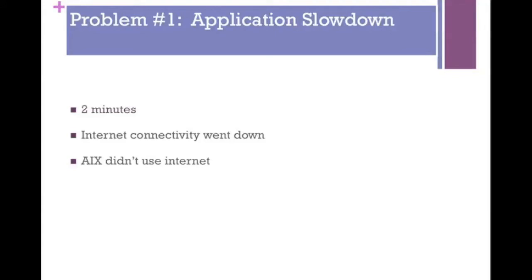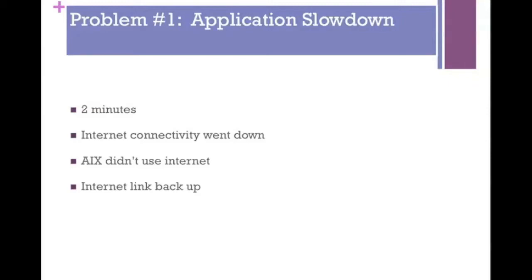They assured me, the customer, that AIX didn't use the internet and that all of the work was done between the application and the database itself, both internally within AIX. But however, once the internet link came back up, everything was fine. Immediately, the users were happy again and were getting good response times.